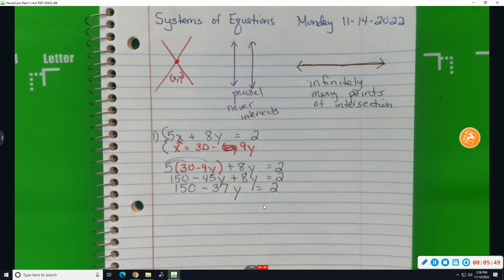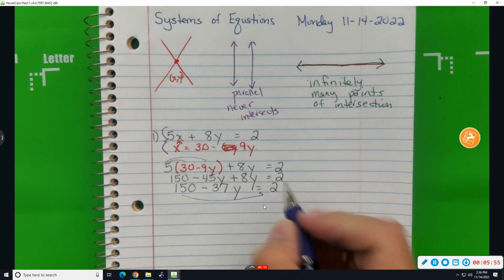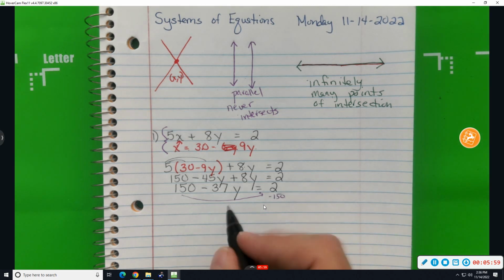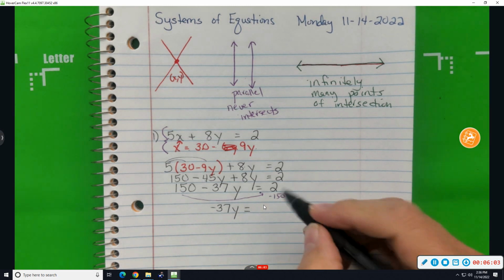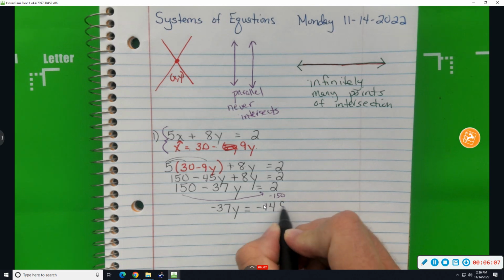Perfectly said. Let's isolate the y. We'll move that 150, which is subtract 150. So we have negative 37y equals 2 minus 150, which is negative 148.